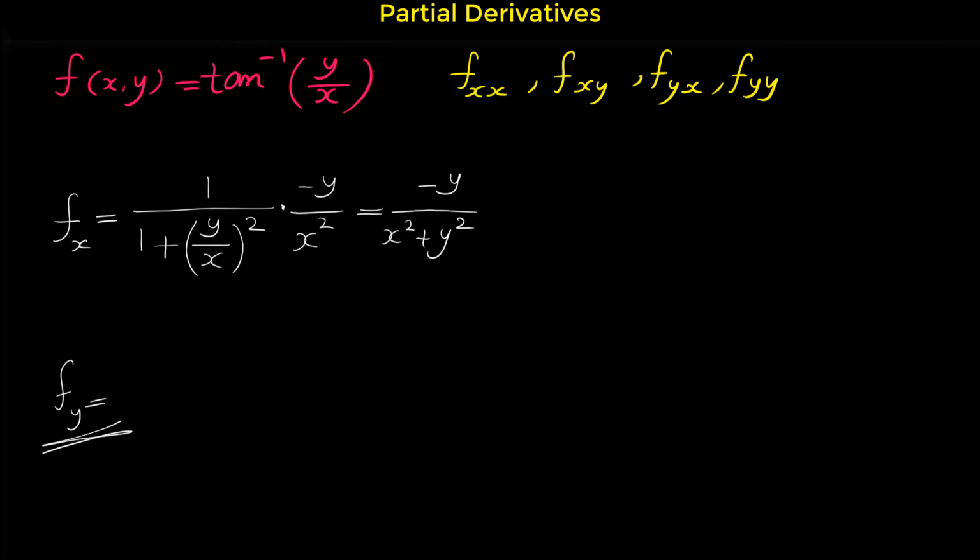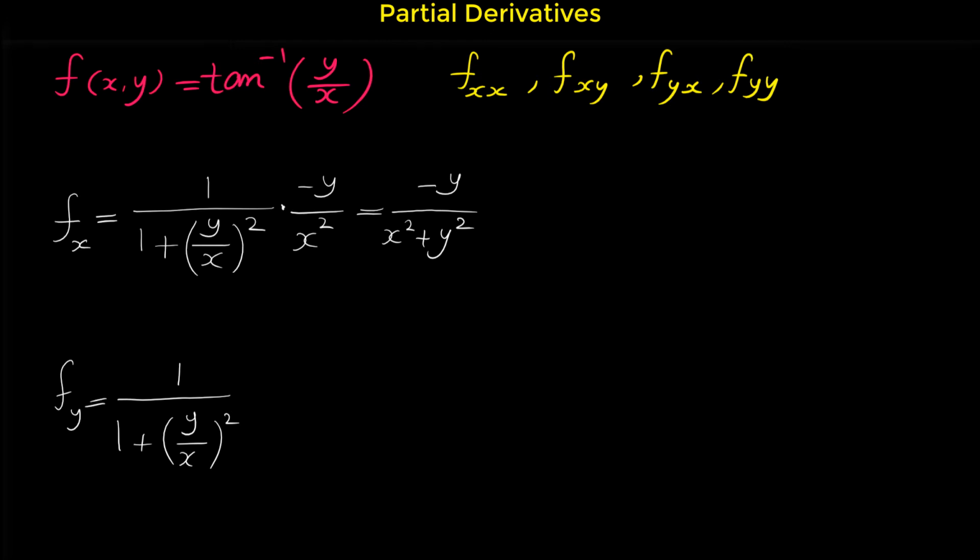Now let's find the partial derivative with respect to y. Again, based on the formula of derivative of tangent inverse, we have 1 over 1 plus y over x all squared. Don't forget to multiply this by derivative of the inside, which is y over x.